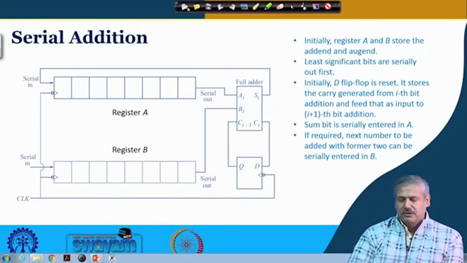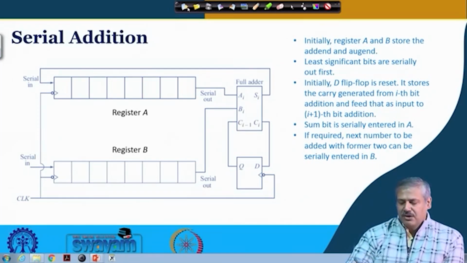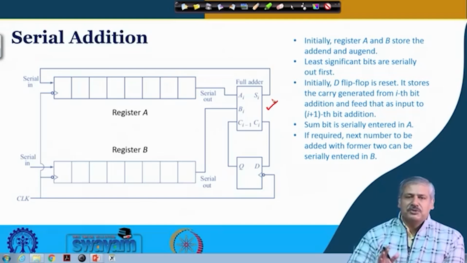If we are talking about 8-bit addition in combinatorial logic context, we have seen that 8 adder units are required. Here we are using only one adder unit, the one that you see here, and we are using it successively.